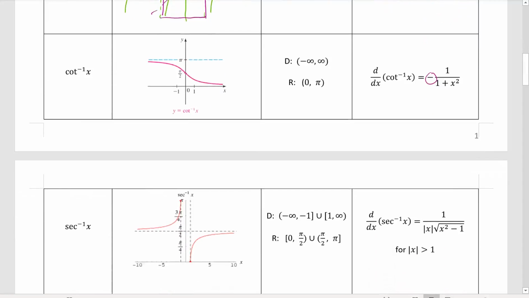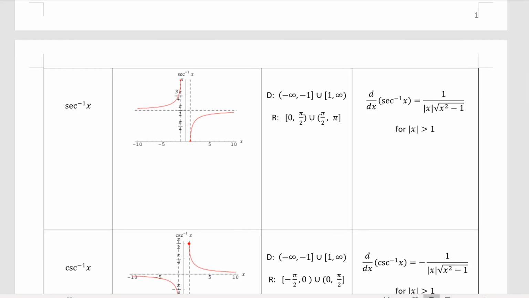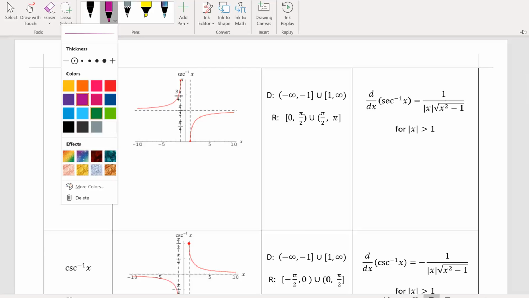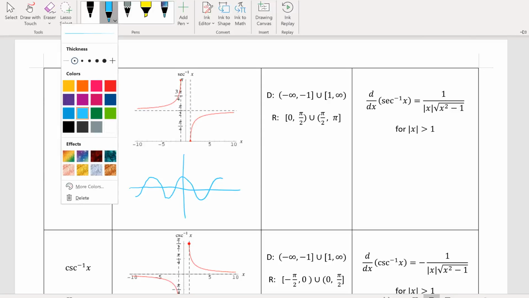Next, secant. Do you know the graph of secant? When I draw the graph of secant, I don't remember it directly, but I do remember the graph of cosine. And you know the relationship between secant and cosine: secant is 1 over cosine.